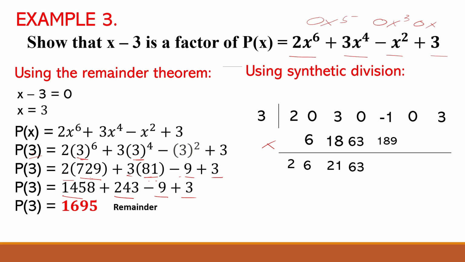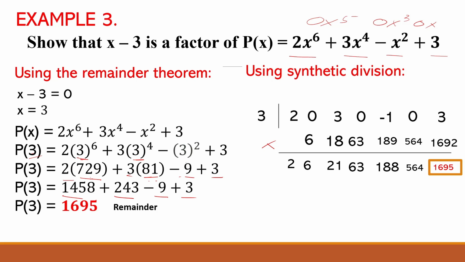So negative 1 plus 189, so that is 188 times 3, 564. 0 plus 564 is 564 times 3, 1,692 plus 3, so that is 1,695. So our remainder is correct.